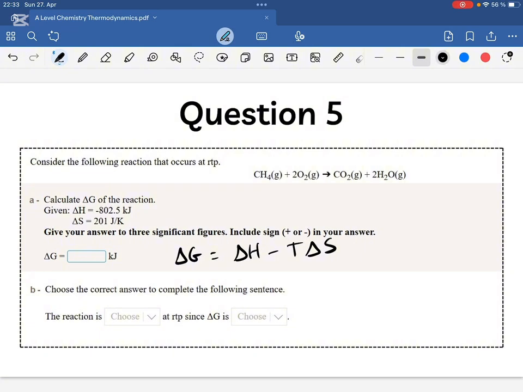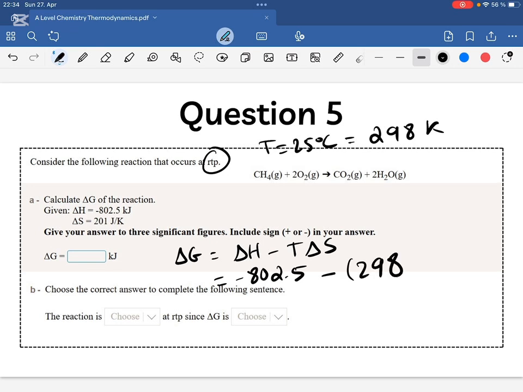Now, the delta H is minus 802.5 kilojoules, minus the temperature, which at standard conditions, at room temperature and pressure, is 25 degrees Celsius, which is 298 Kelvin. So we're going to put the temperature as 298, and the delta S is going to be 201.